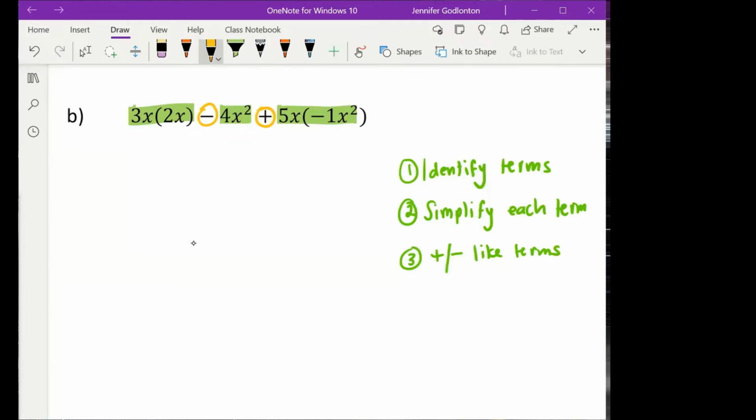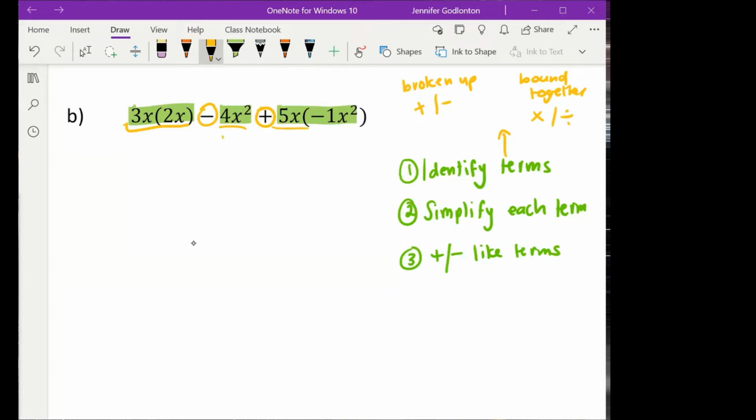So terms get broken up with pluses and minuses, and they get bound together, like super glue, with times and divide. So in this situation, we've got 3 terms, 1, 2, 3.